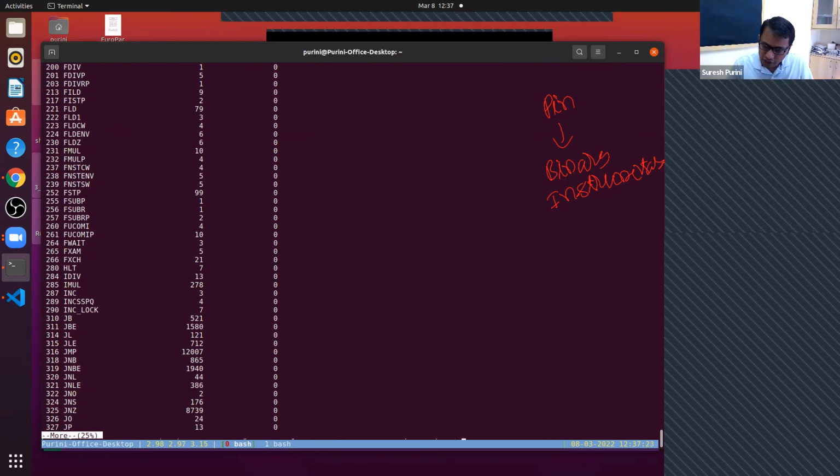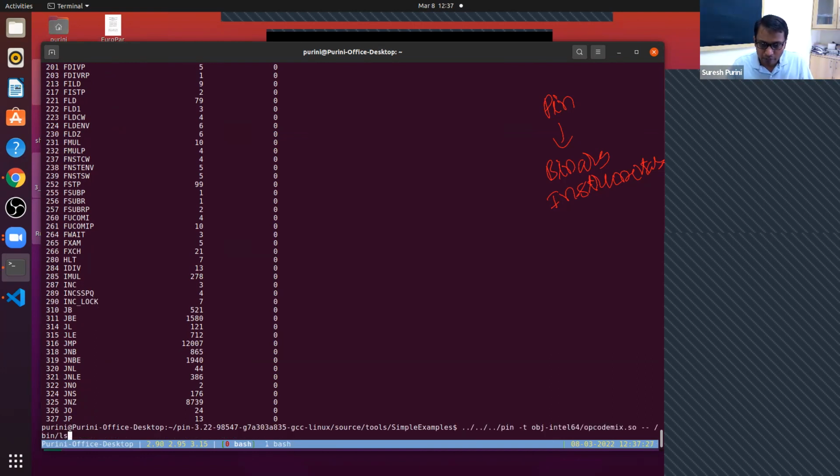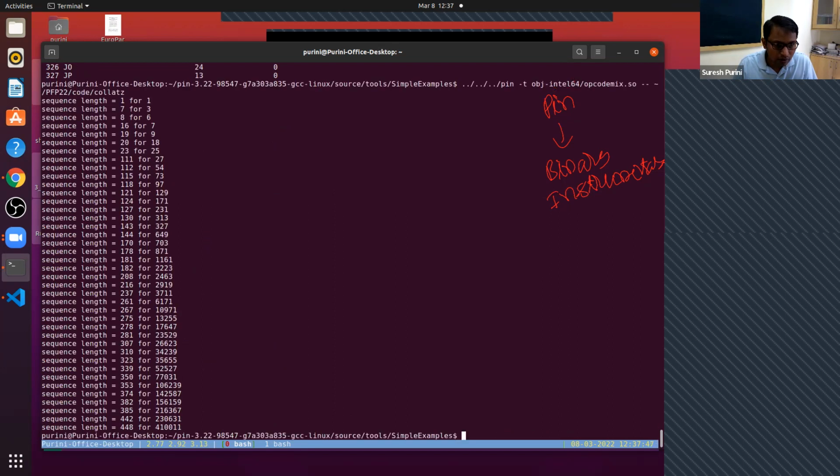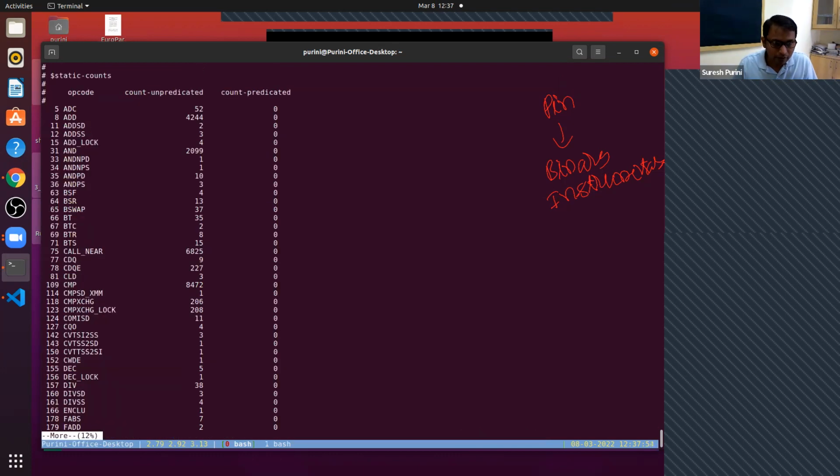On the contrary, if you run a different program, maybe I'll try to run it instead of /bin, let's see, the PFP22 collards code. Let's look at opcode.out. This is the instruction frequency.